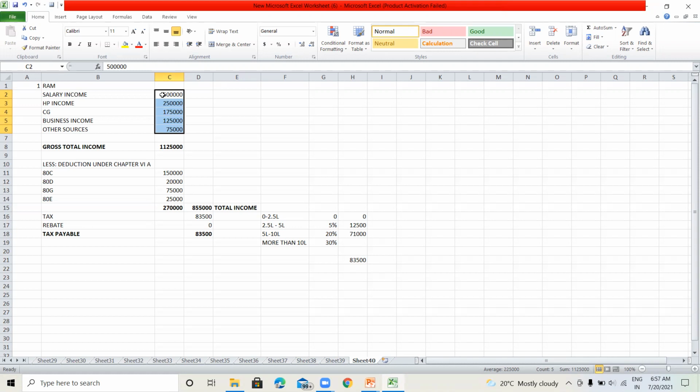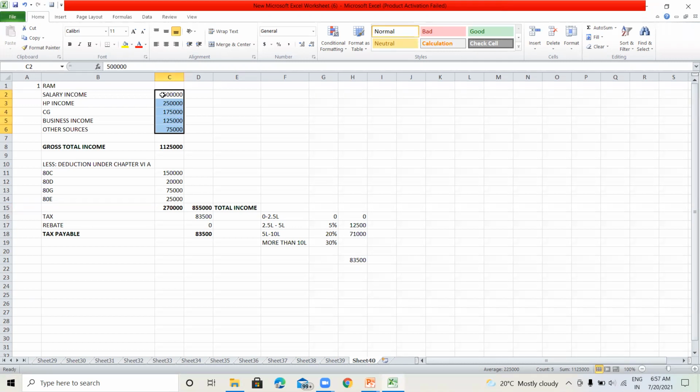And we will also consider all the provisions of carry forward of losses and set off of losses before calculating the total income of the assessee.